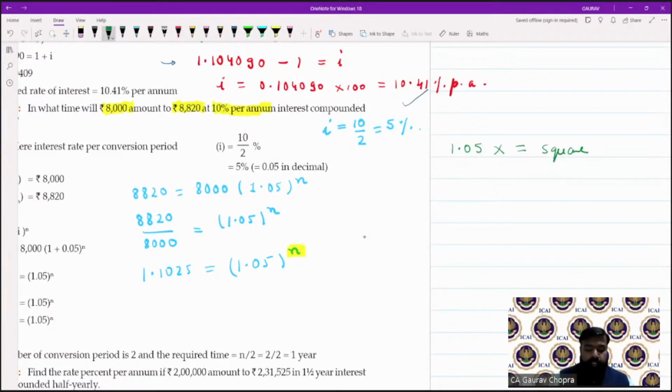As soon as we do the square, we get the same value. That means 1.05 to the power of 2 gives us 1.1025. Therefore, the value of n is 2.